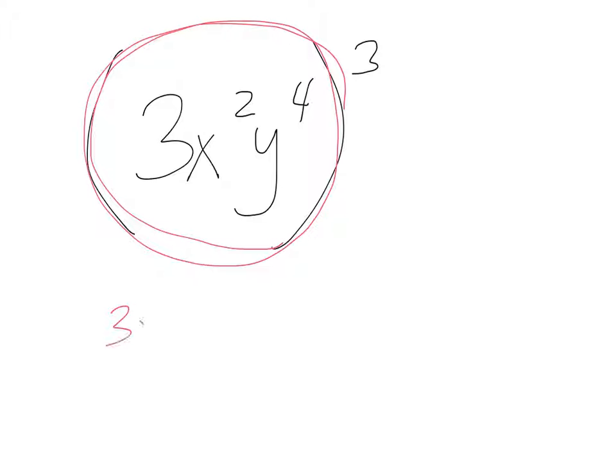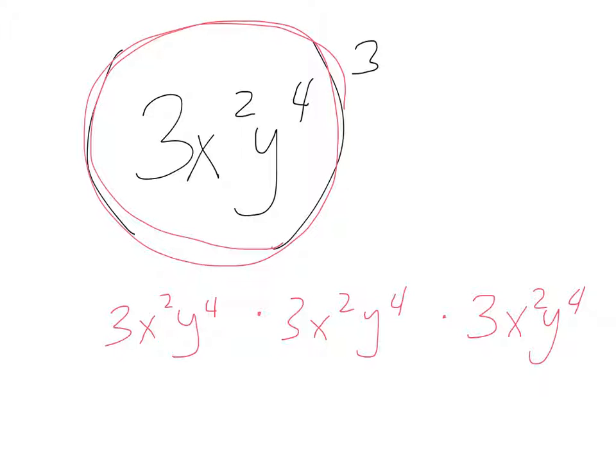It's basically 3x squared y to the 4 times 3x squared y to the 4 times 3x squared y to the 4. That's what that exponent means. It's saying this is repeated 3 times. But instead of having to write it all out, you could just cube everything.